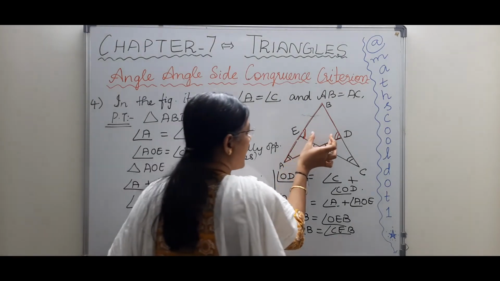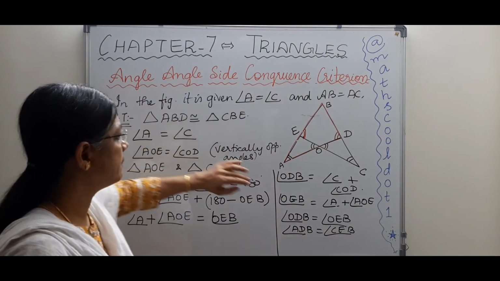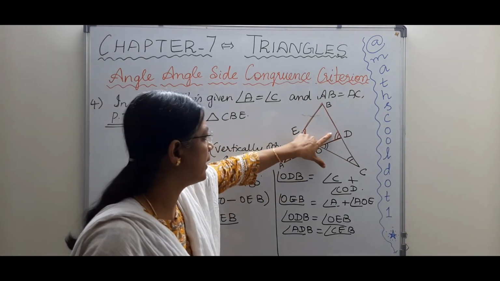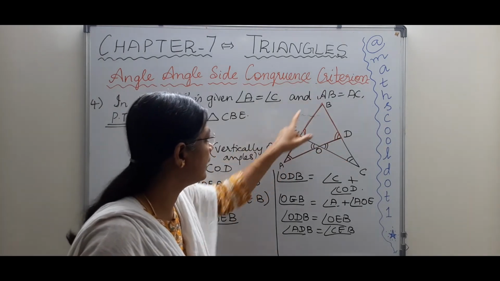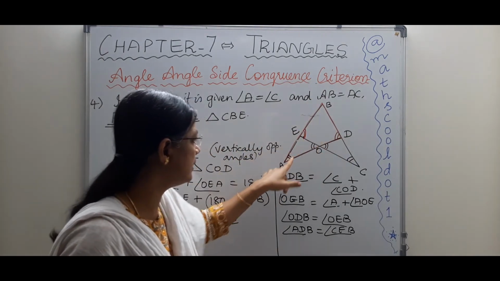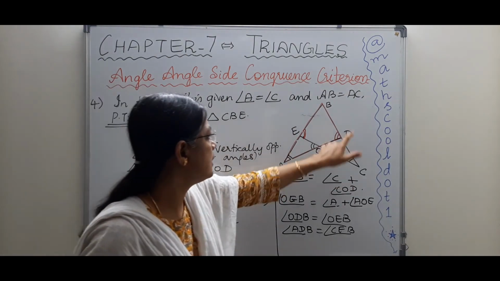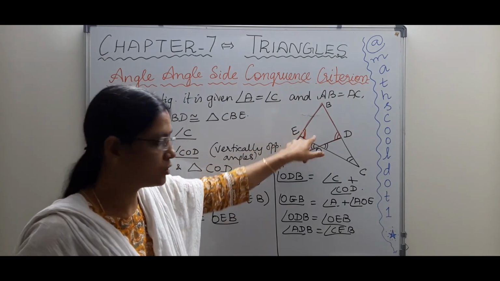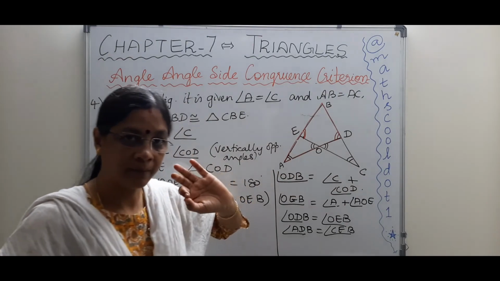So with these angles, can I form the triangles which are given here? See, angle ABD. So I have this angle. In triangle ABD, I have this angle and angle A also. And in the triangle CBE, I have this angle which I just now proved, and also angle C. Okay.